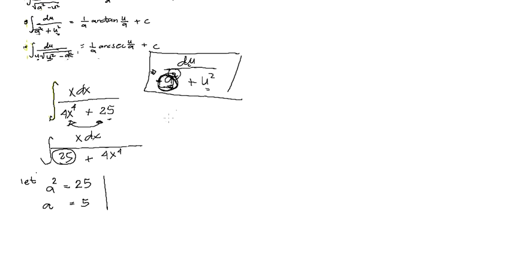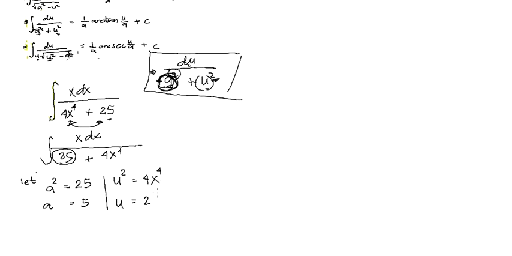Then on the second part, we need the value of our u, which is raised to 2. Let us equate our u squared here as equal to 4x to the 4. Then by getting the square root, we have u, and the square root of 4 is just 2.